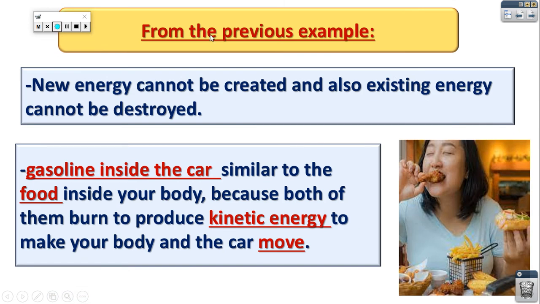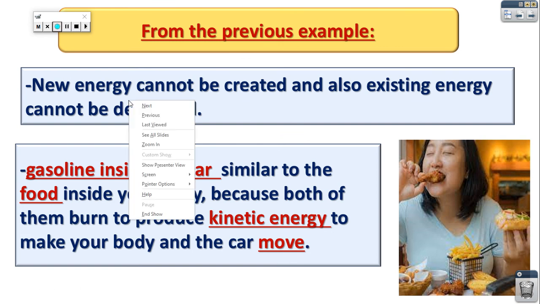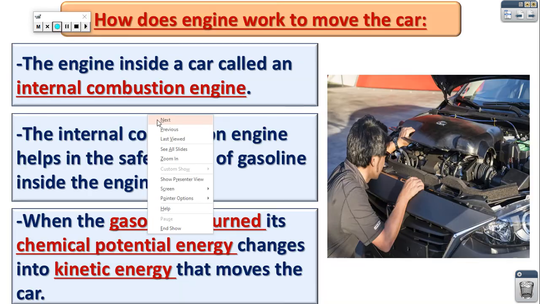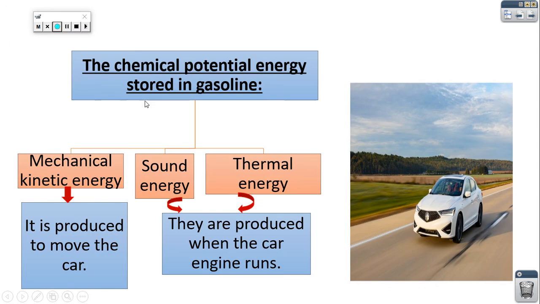From the previous example, we can know that new energy cannot be created and also existing energy cannot be destroyed. What is the meaning of that? In the example of the chemical potential energy changing into kinetic energy, and the engine runs, so it produced electric energy that changes into sound or thermal. As you can see, we cannot generate the energy.